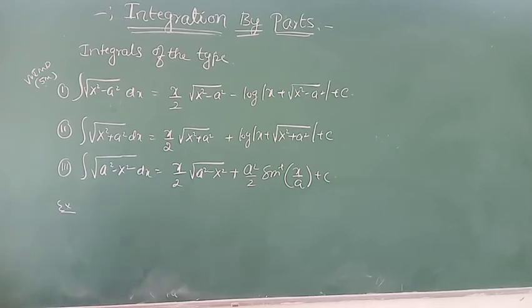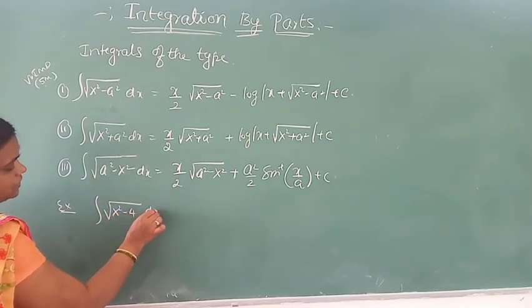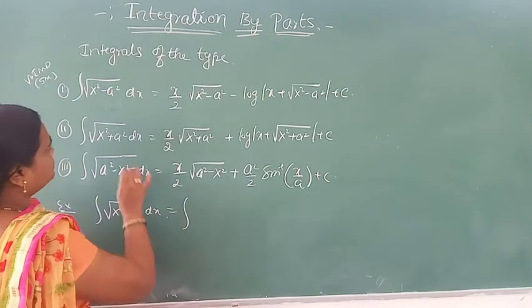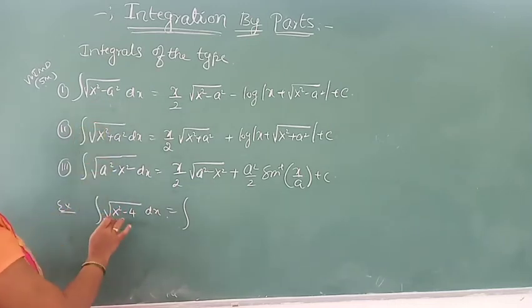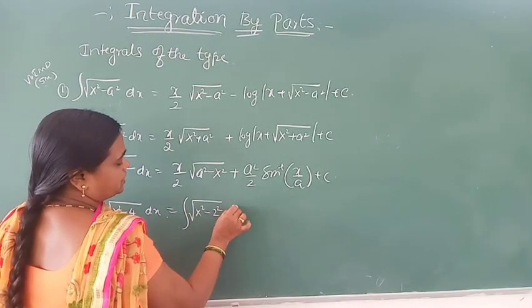Integrate the following with respect to x. First one, integration of root of x square minus 4 dx. This is exactly the same pattern, x square minus a square. What is it? x square minus 2 square dx.